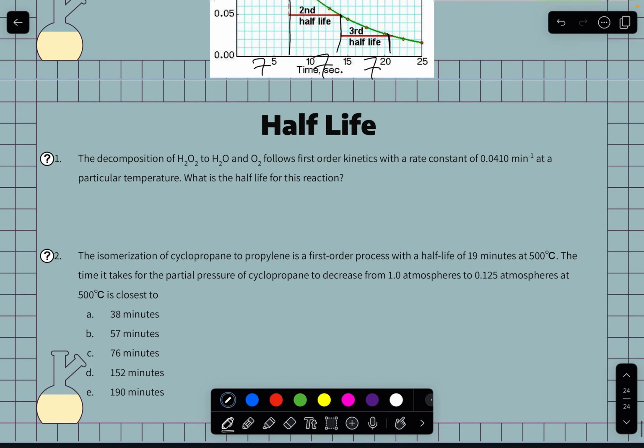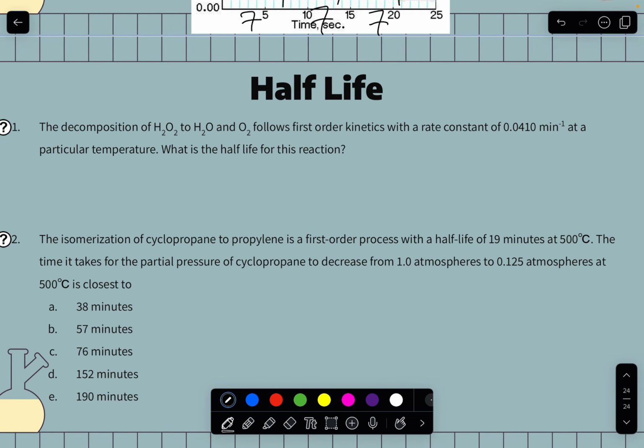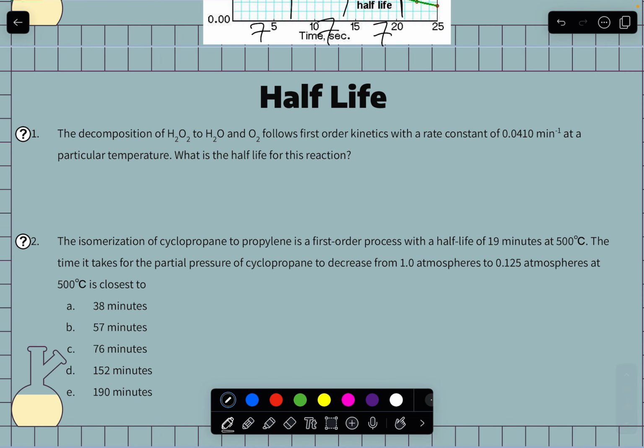The second part is just doing the math. Okay, so let's do these two questions together. If the decomposition of H2O2 to H2O and O2 follows first order kinetics with a rate constant of 0.0410 per minute at a particular temperature, what is the half-life for the reaction? So we know it's first order.